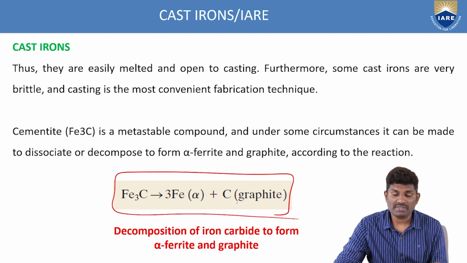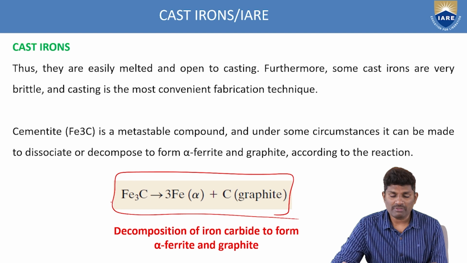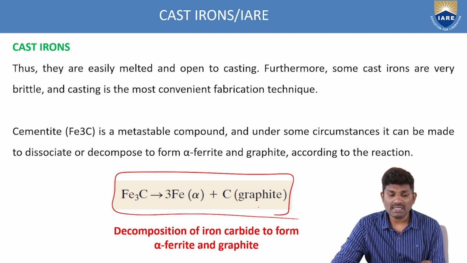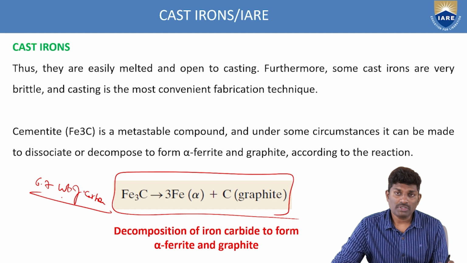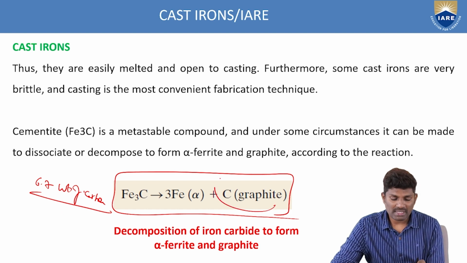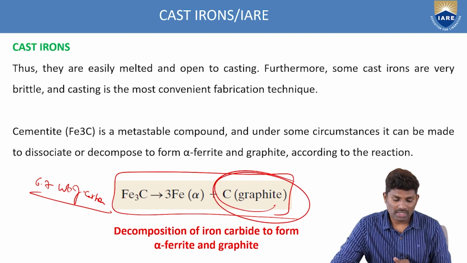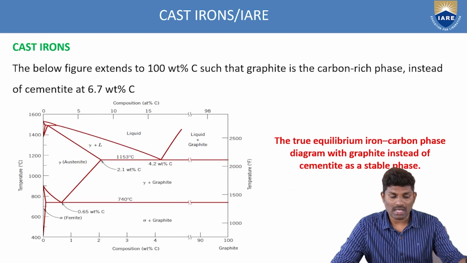This also we have seen in the previous sessions, how the graphite forms. After crossing 6.7 weight percentage of carbon content, we get cementite, that is the graphite. This is the decomposition of the iron carbide to form the alpha as well as the gamma ferrite.